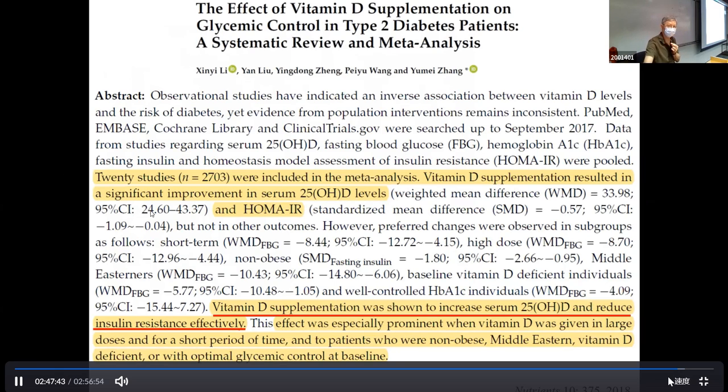We are not going to show you the data, just the abstract, since we showed you the data earlier. Vitamin D supplementation was shown to increase serum 25-hydroxy D and reduce insulin resistance effectively. So a good vitamin D status appears to be important for people who are diabetic in terms of controlling glucose homeostasis.